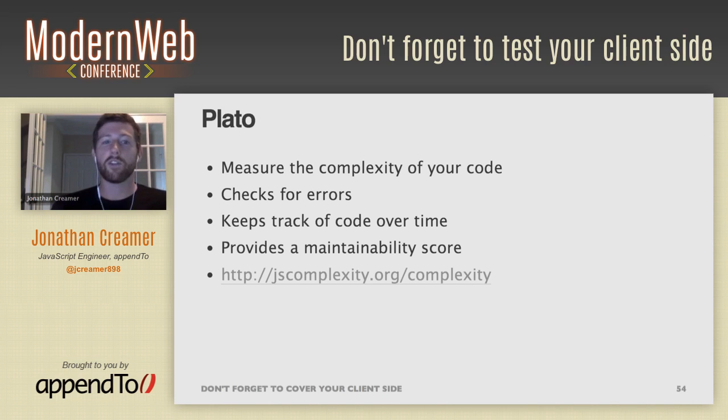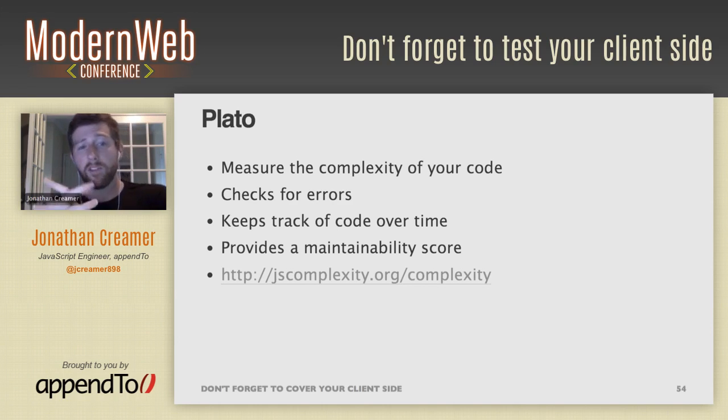And it kind of gives you a report back on how complex it thinks your code is. And a lot of times it's right, because it helps you remove things like too many lines, too many nested things. It checks for making sure that you don't have too many arguments to functions. It'll even analyze your dependencies if you're using CommonJS or require.js.